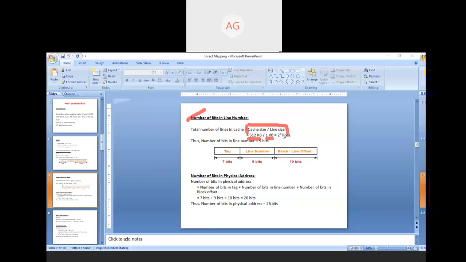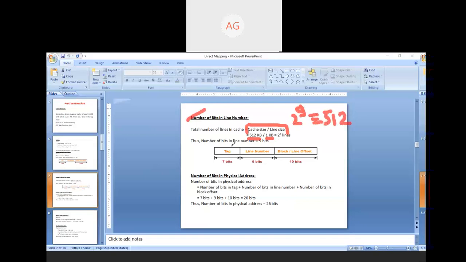So KB and KB cancel, and 512 is remaining. We need to convert 512 into a power of 2. So 2 to the power 9 is equivalent to 512.